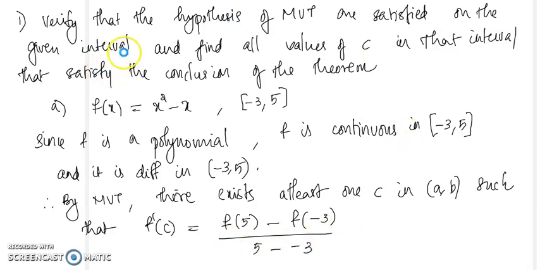So that implies f dash of c will be equal to, f of 5 is 20, minus 12, by 8. So that is equal to 1.